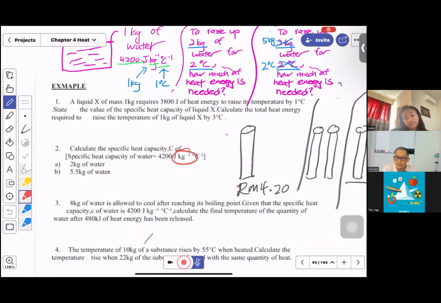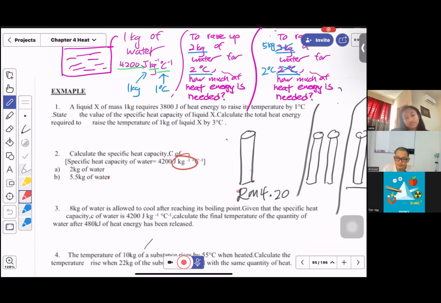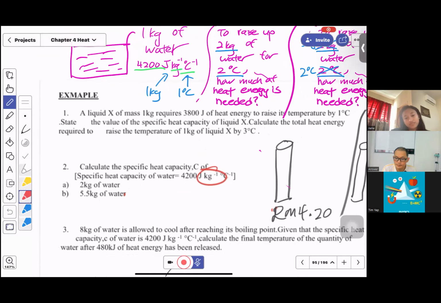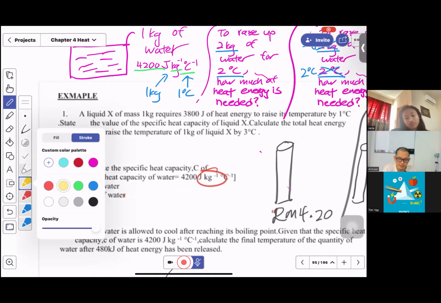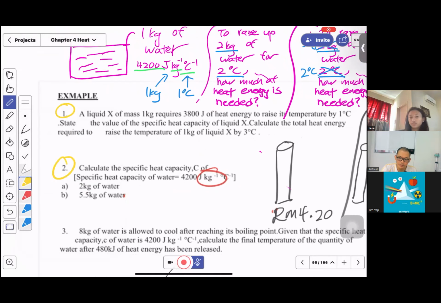Okay, now try question number 1 and number 2. Send me your answer. Try it now. Question 1 and question 2.